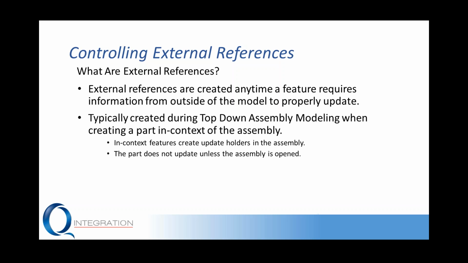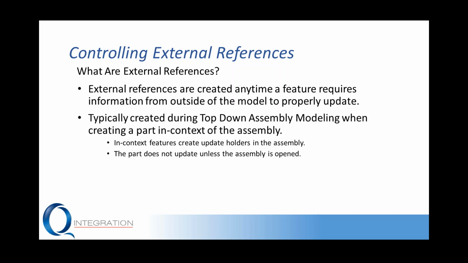So what are external references? We create these external references anytime a feature requires information outside of the model to be able to update. And typically we see this in our top-down assembly modeling. So during top-down assembly modeling, we're creating these parts in context of the assembly.